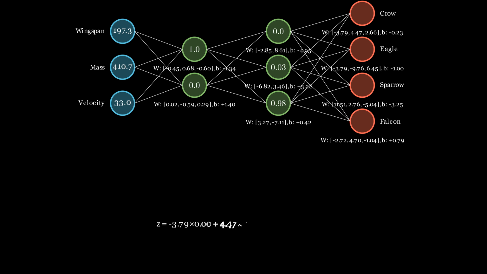And finally, we do the same thing for the output layer, but now using outputs from our second hidden layer as input, and we will not be using the sigmoid activation function.